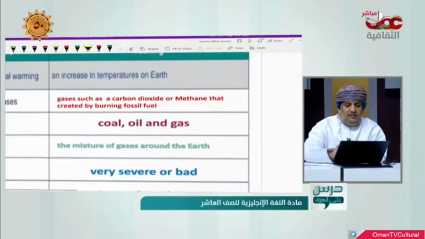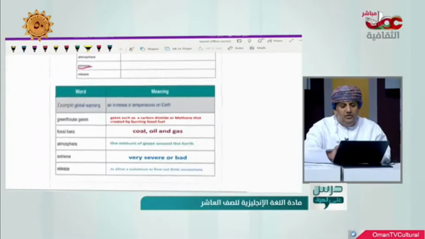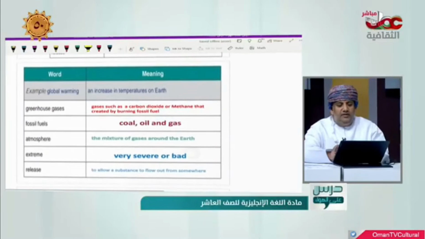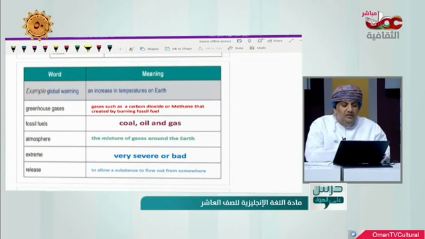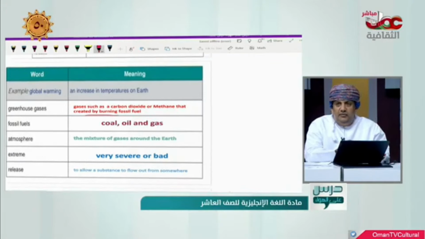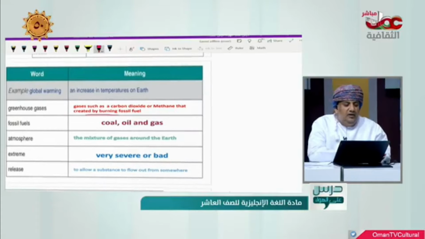Let's read them together, because also we are going to play a game for these words and their meanings. Now, greenhouse gases are gases such as carbon dioxide or methane that are created by fossil fuel. Fossil fuels are like coal, oil, and gas.